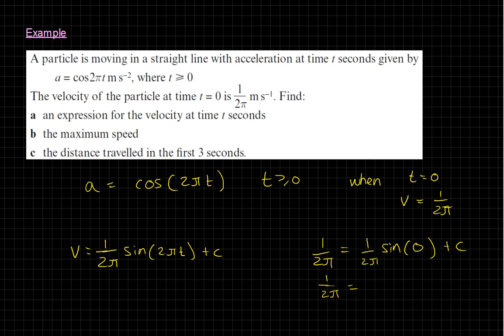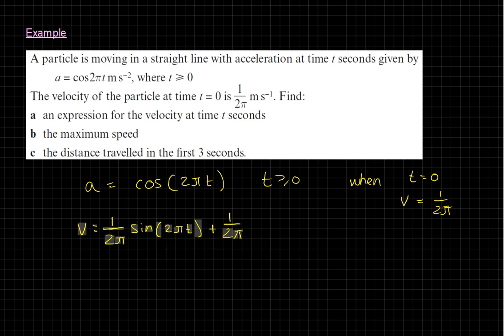So we just get 1 over 2 pi times 0, which is also 0, and then it's equal to c. So therefore, we can replace this c. We've just shown that c is equal to 1 over 2 pi. Okay, and that's our answer for the value of v. Let's make a note of that. Here it is.